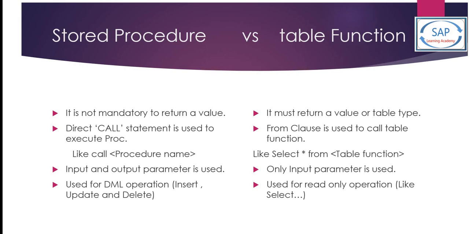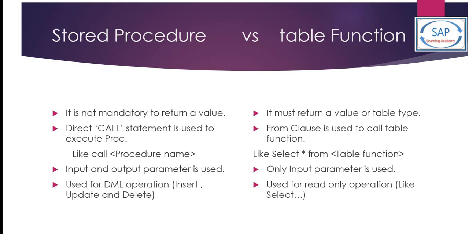But you can use multiple join operations in order to do your calculation. So the basic difference is that a table function is used for read-only, and a stored procedure is used not only for read-only but also other DML operations like insert, update and delete.